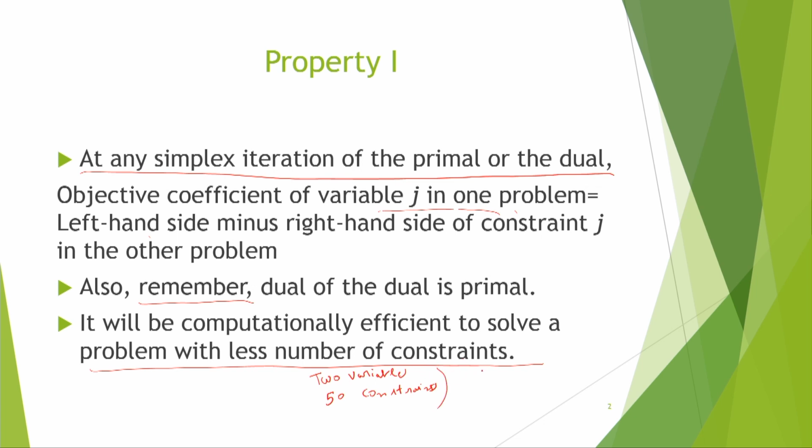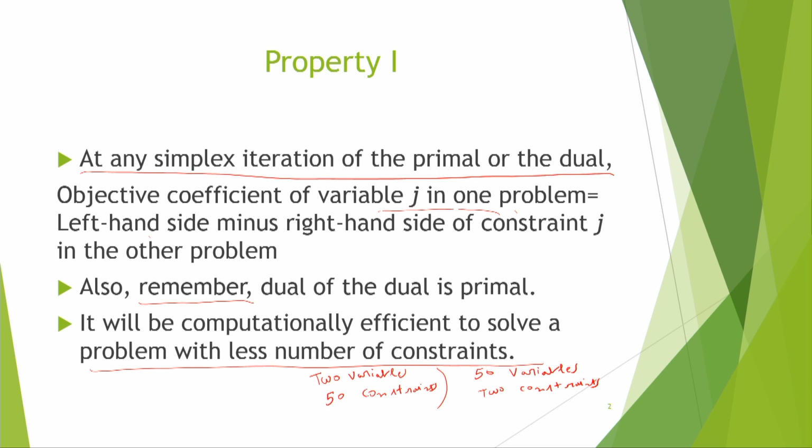The dual will have 50 variables and only 2 constraints, so you can easily solve that. You will reduce the computations because only 2 rows of the simplex table will be there. Variables have increased, but the constraints have reduced.